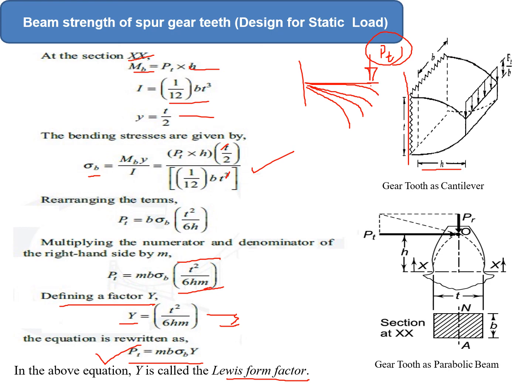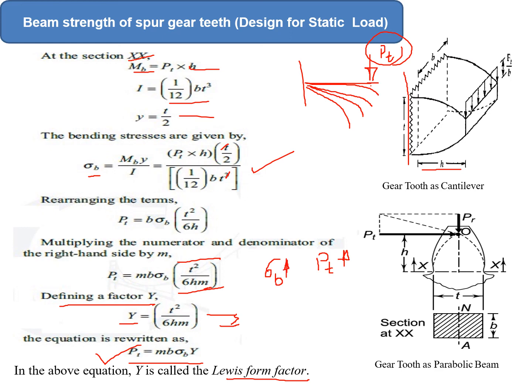So as your tangential load increases, sigma b increases, bending stress will increase in the tooth.